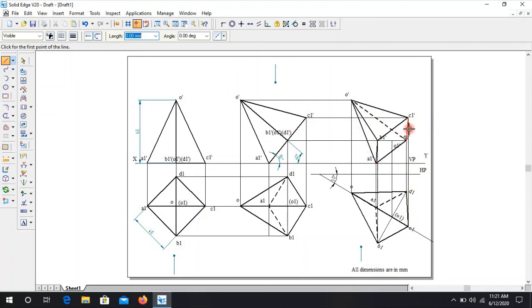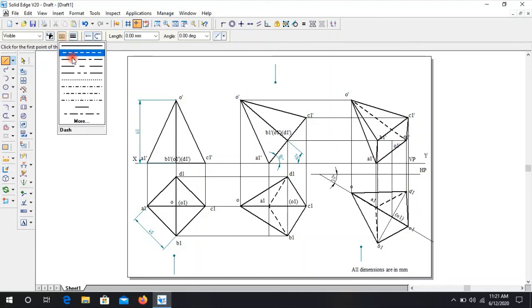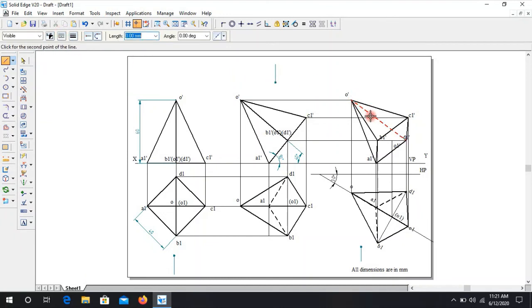That completes final diagram. Only axis line is pending. Connect O to O1 using axis line. This is the axis line. That completes solution for fourth problem in projection of solids. Thank you.